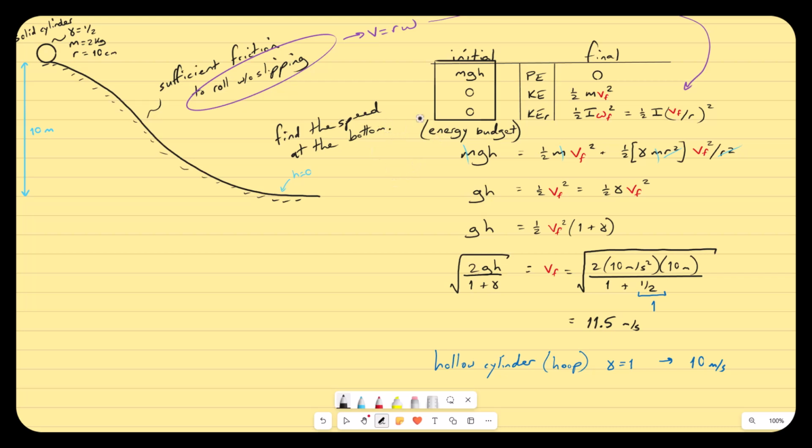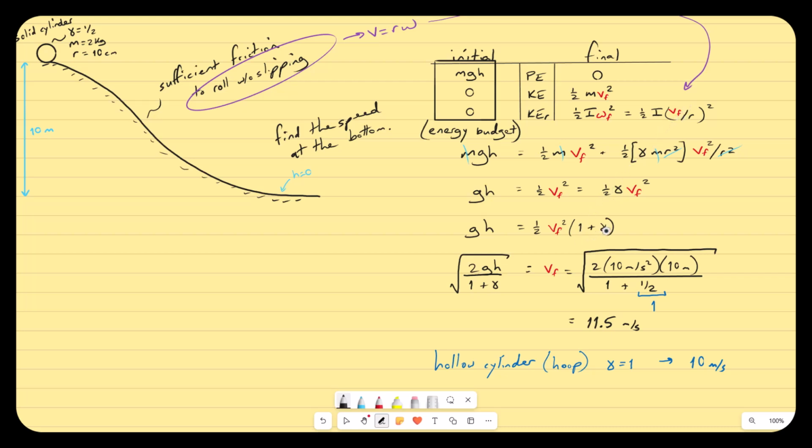That's my energy budget. And then my final side, that's what I'm spending it on. So I have a total energy budget to start with. And in the case of the solid cylinder, I'm going to spend some of it on moving forward and some of it on rotating.